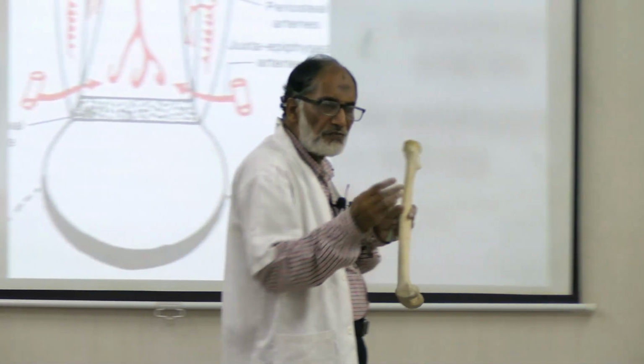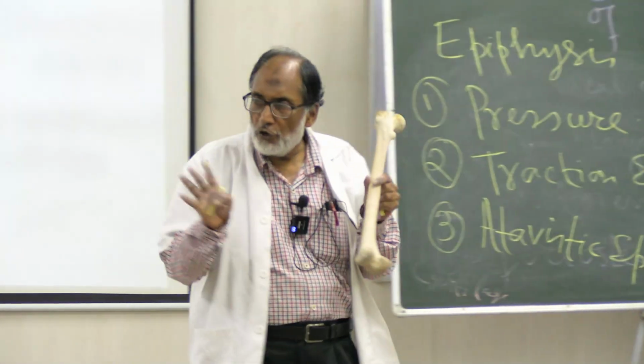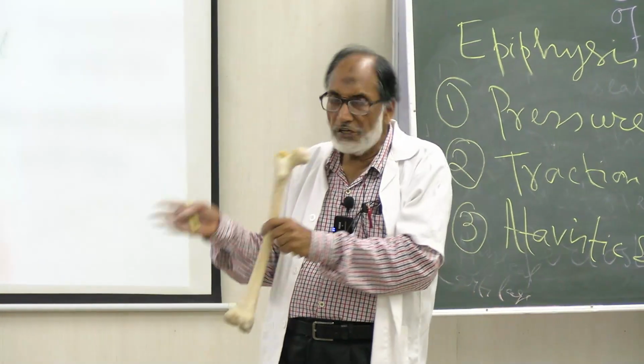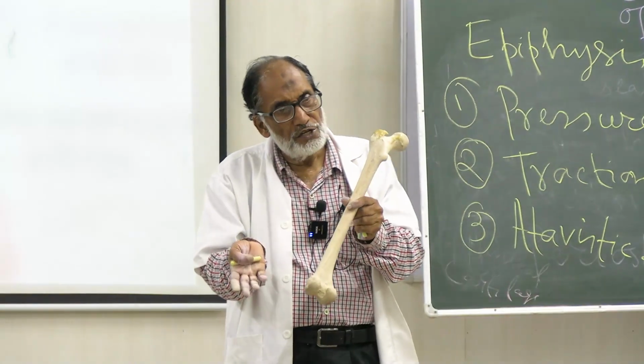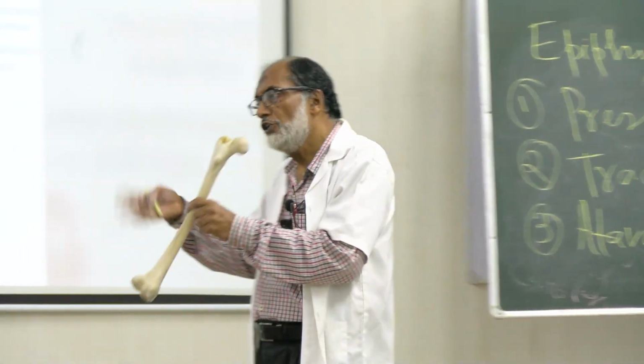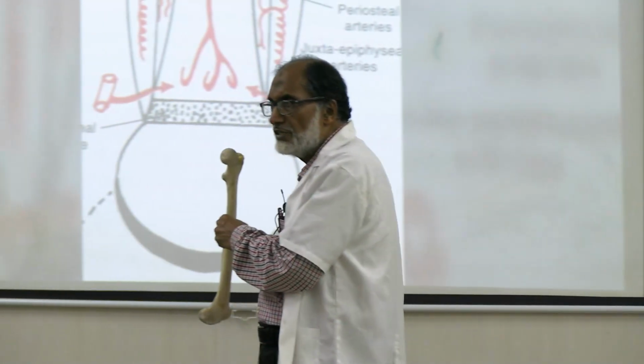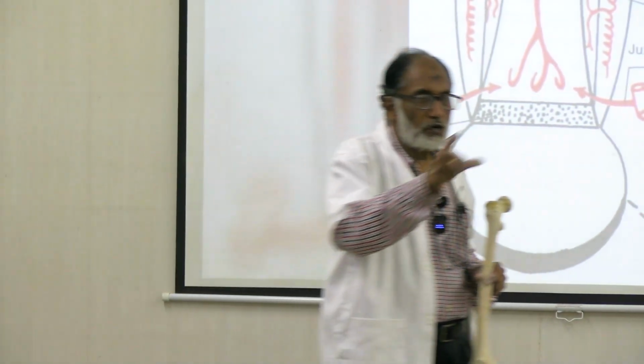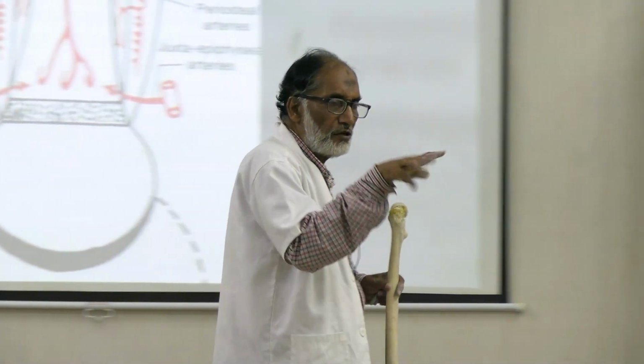Our atavistic epiphysis has no independent identity. In some lower animals you will get independent atavistic epiphysis, but in case of man there is no independent atavistic epiphysis. It has become joined with another bone. To get its nutrition, it has joined another bone.